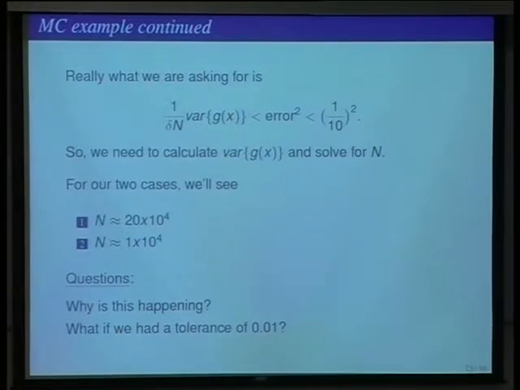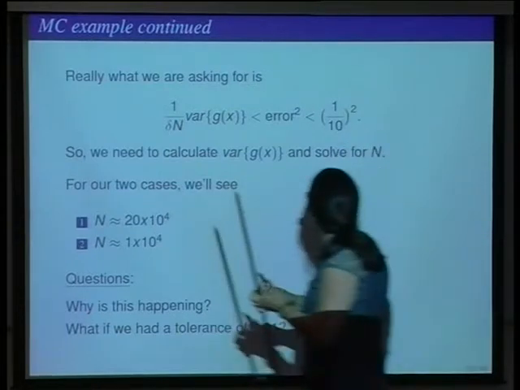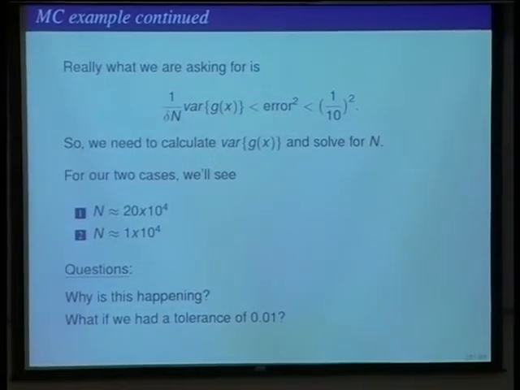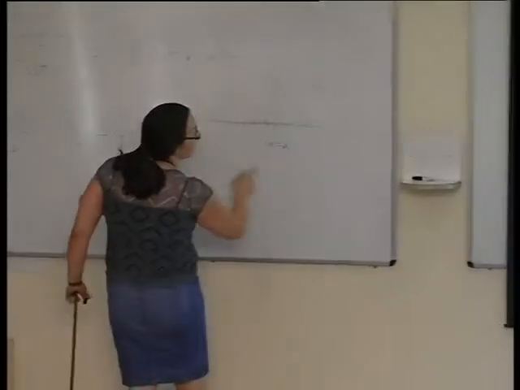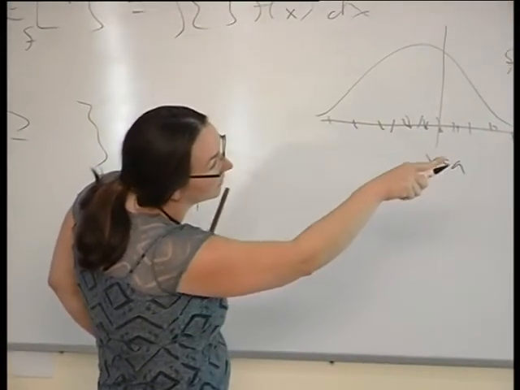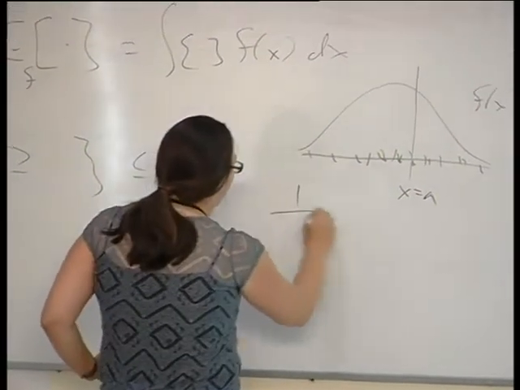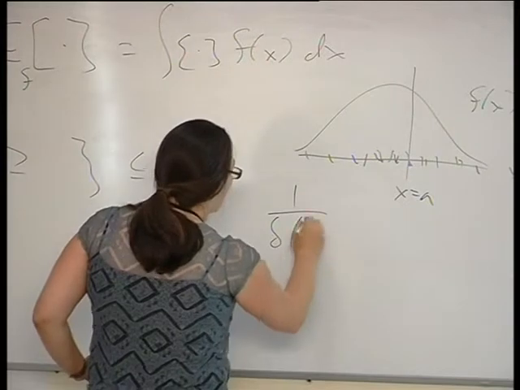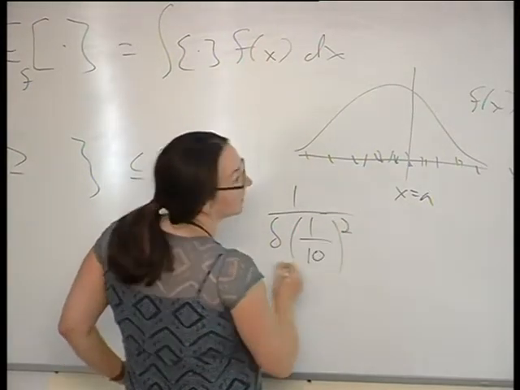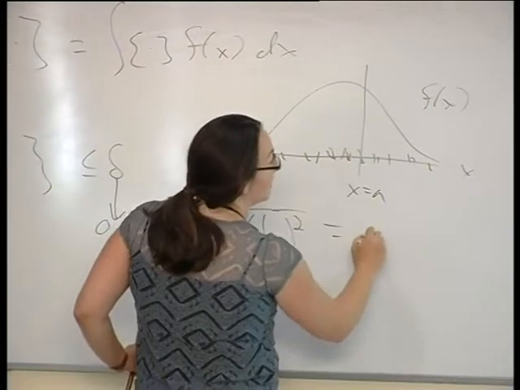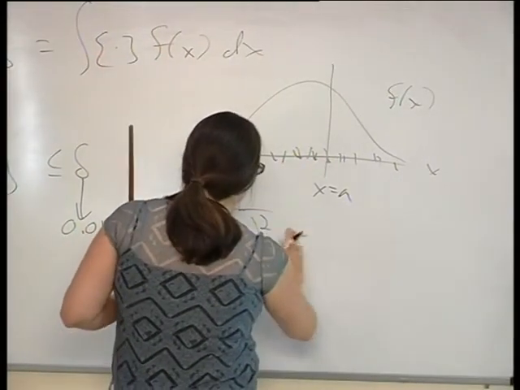If I want to go down an order of magnitude in my tolerance, I'm going to need to go up in order of magnitude... I think I'm saying this poorly. It's not a hard calculation at all. So let's think about it. Let's solve for n actually. So we have 1 over delta times 1 over 10 squared times the variance of g.